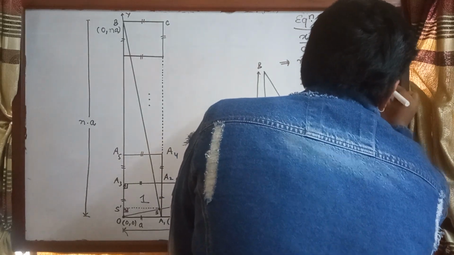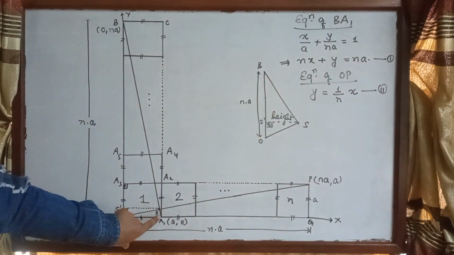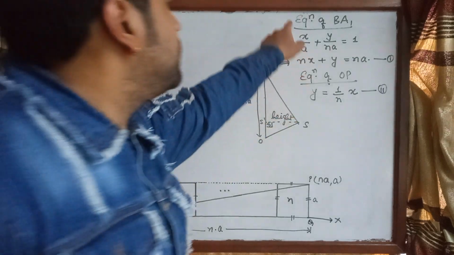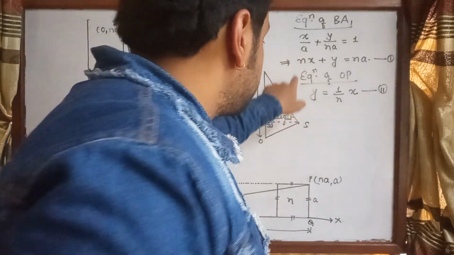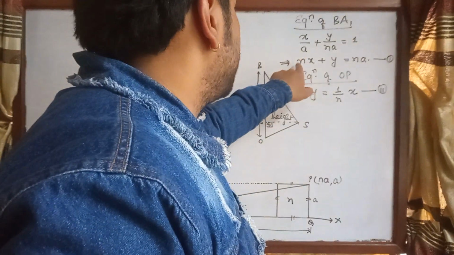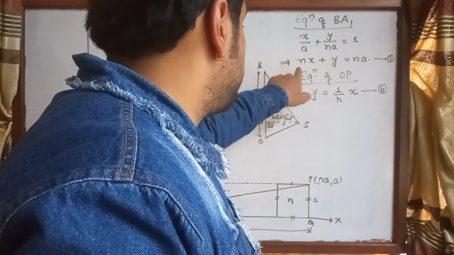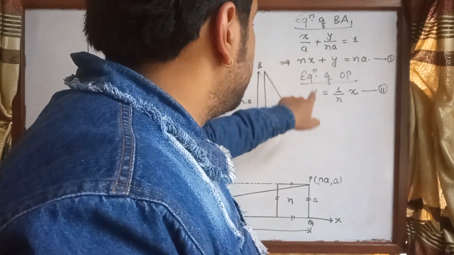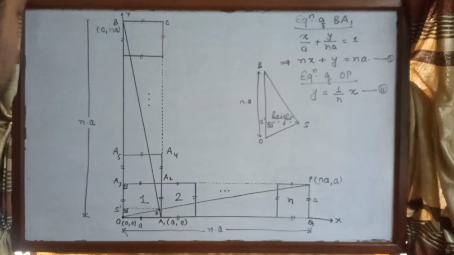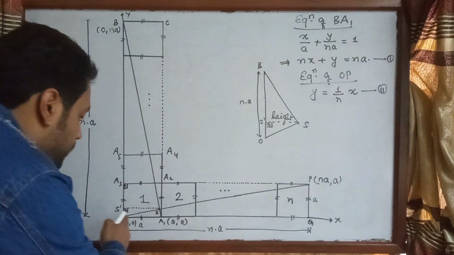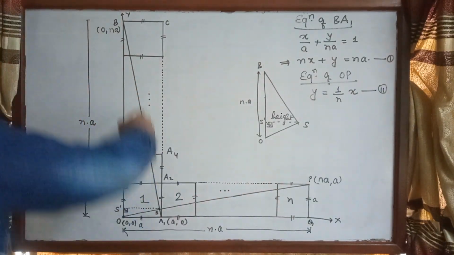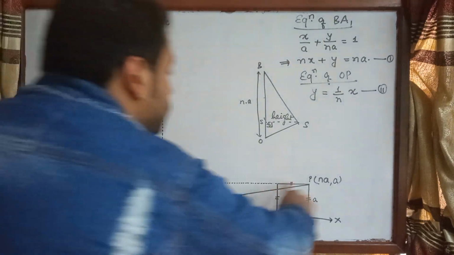Now, to find the coordinates of S, we're going to solve equations 1 and 2 as a system, because S is the point of intersection of the line BA1 and OP.